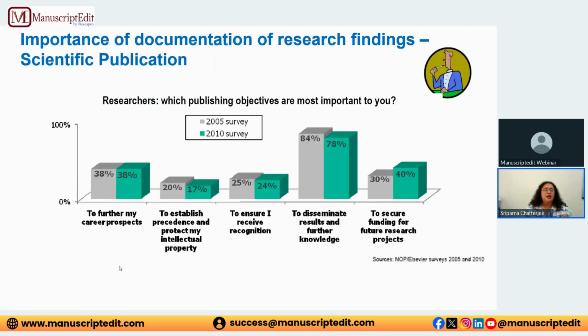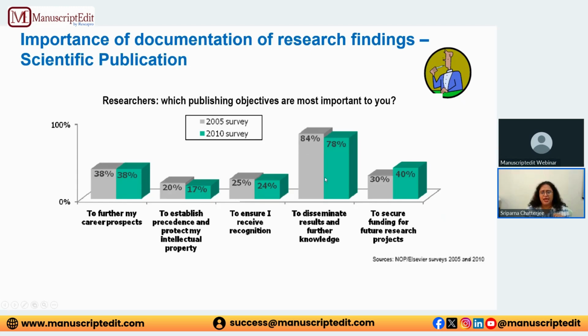Just to understand the importance of documenting research findings in scientific publication, Elsevier did a survey in 2005 and 2010, and you see this is the ratio. The green one is the 2010 survey, and the steel color one is the 2005 survey.